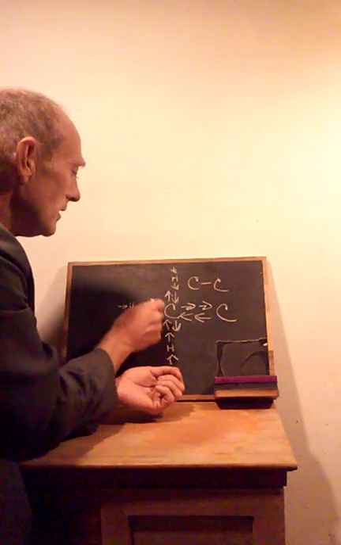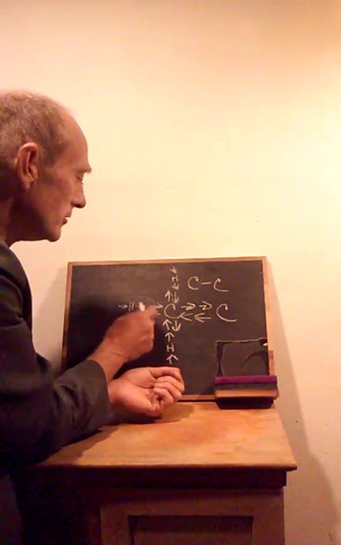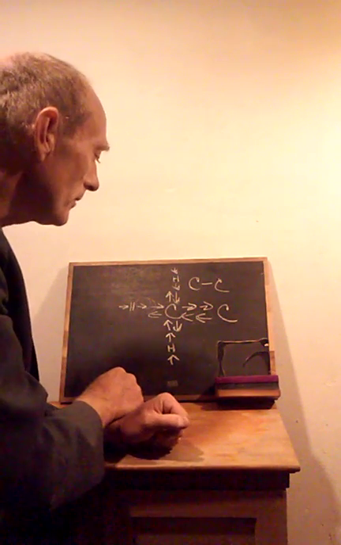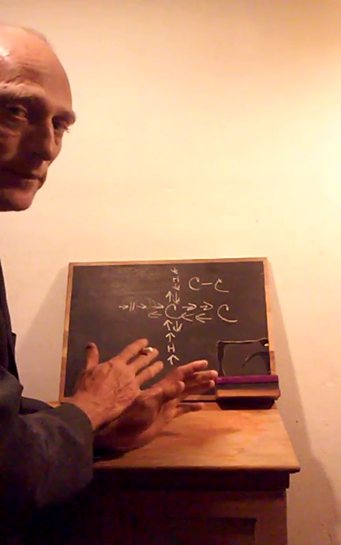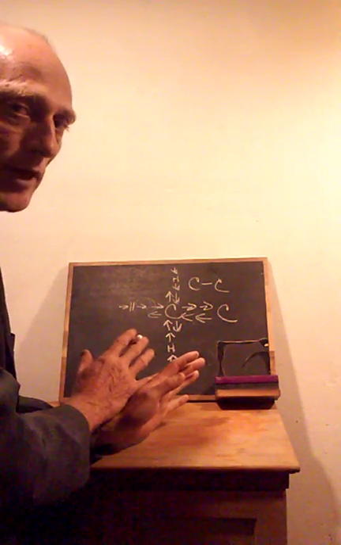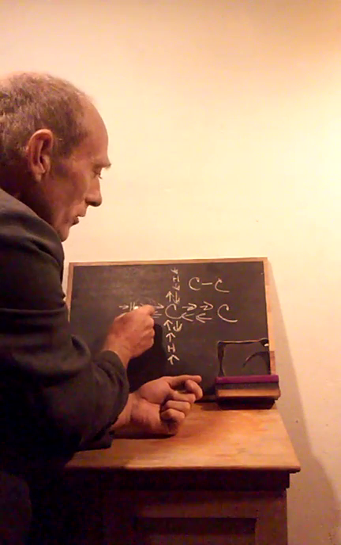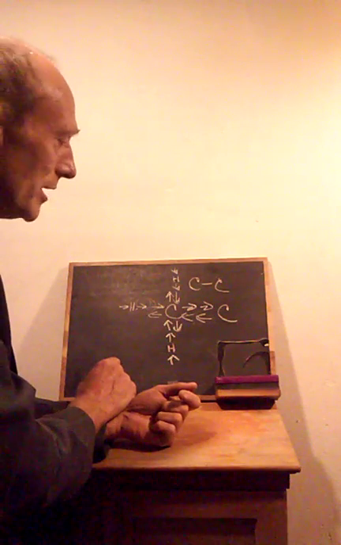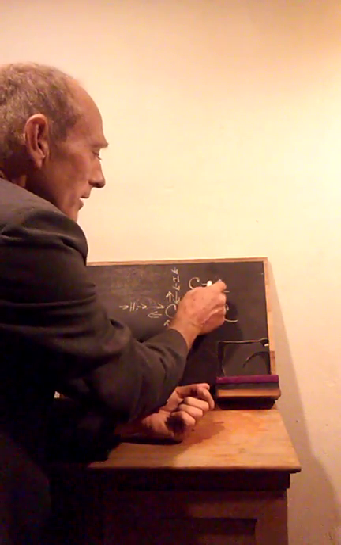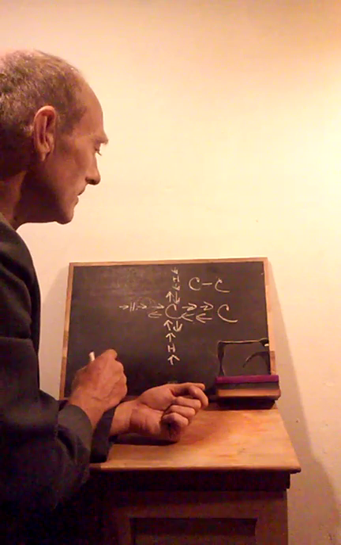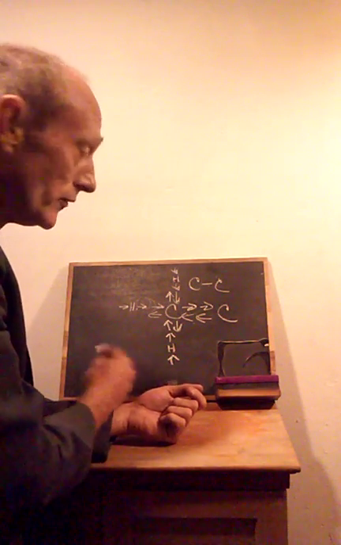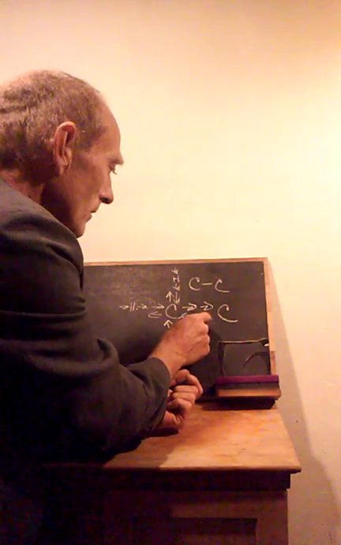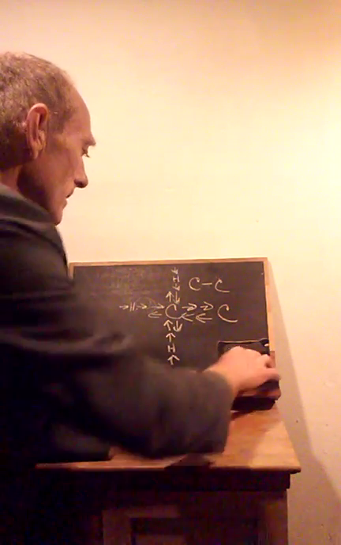My half bonds with the hydrogens to the carbon are something new. If I was starting from scratch and making the nomenclature, I would call this a single bond, and then this a double bond. But because everybody's used to seeing this right here as a single bond, most of the time, except of course when it bonds to hydrogen, I call this a single bond.